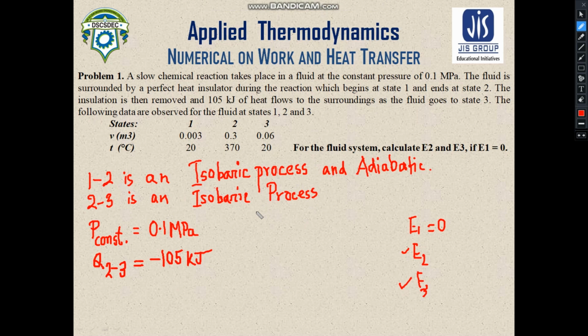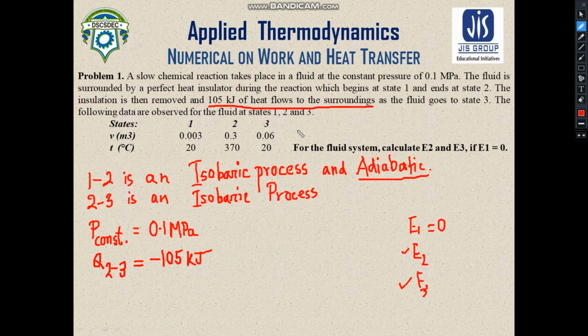So I have written down all the information which I have found from this problem. You can see that the processes 1 to 2 and 2 to 3 are isobaric, so the pressure remains constant throughout the entire process, and the process 1 to 2 is also adiabatic. The constant pressure is 0.1 megapascal, and in the case of process 2 to 3, 105 kilojoule of heat flows to the surroundings.